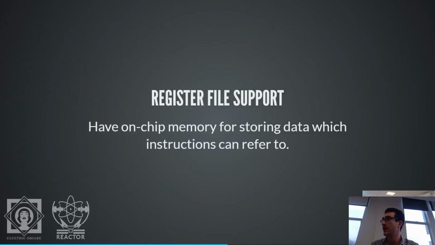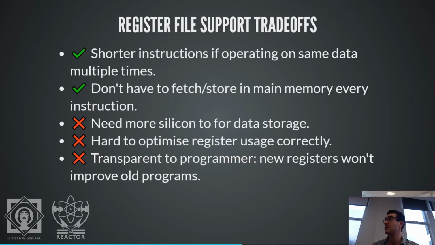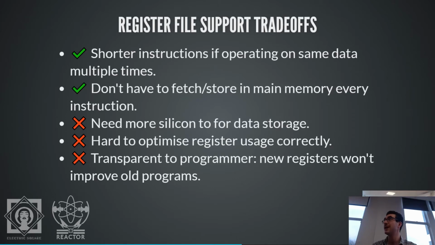So, register file support. This is quite an odd concept, but the idea is that instead of having an instruction able to work on data that's resident in memory, we actually have explicit instructions for fetching that data, storing it on the CPU in what is known as a register file, operating on that data while it's on the CPU, and then explicitly writing that data back to memory.